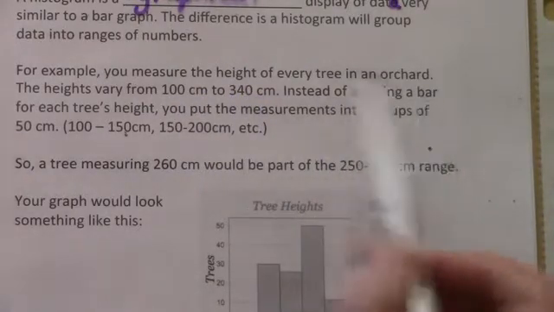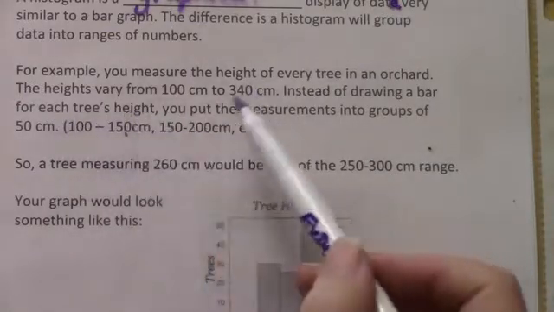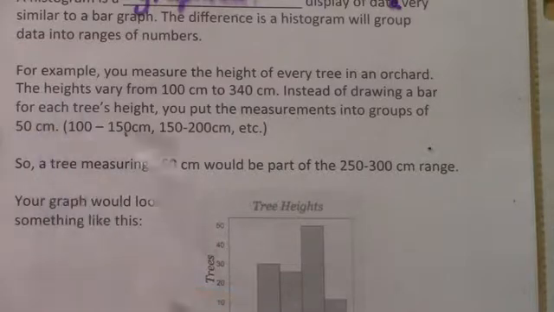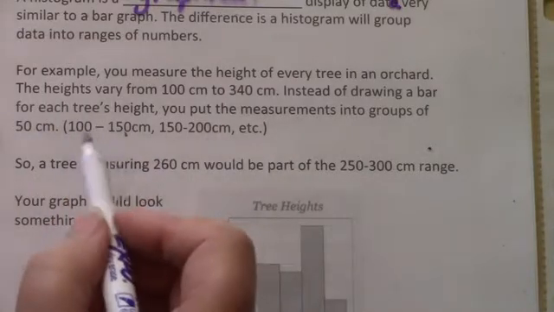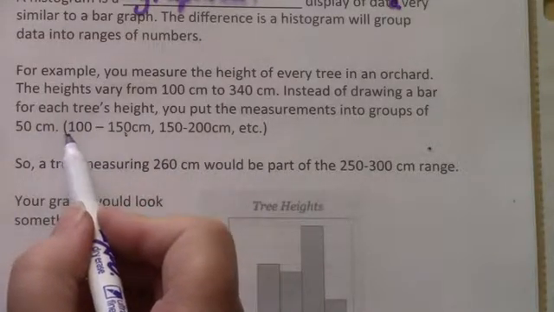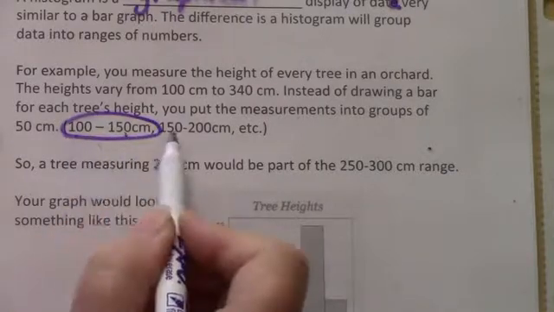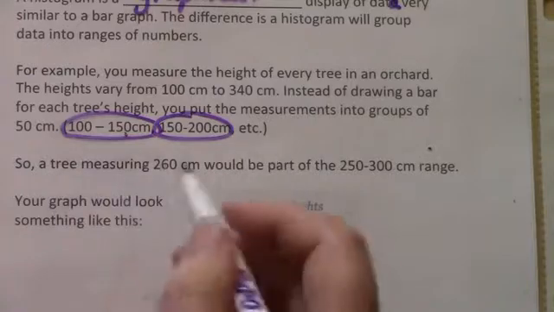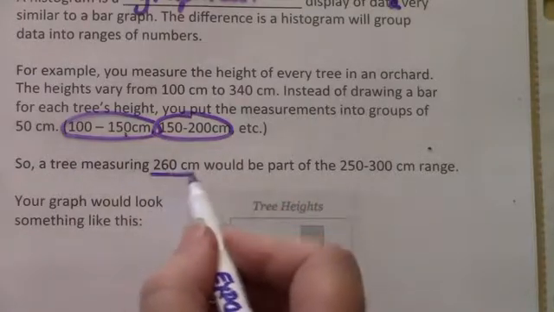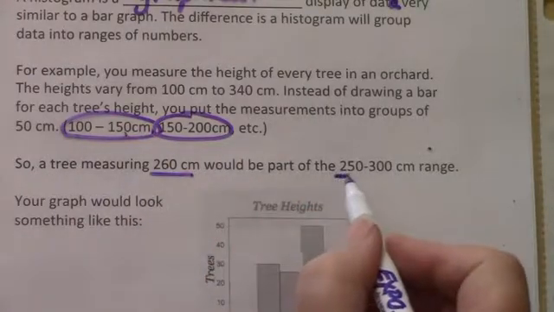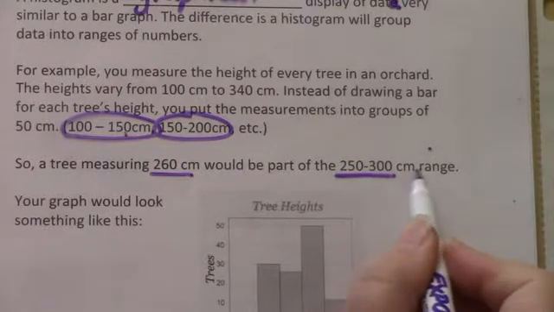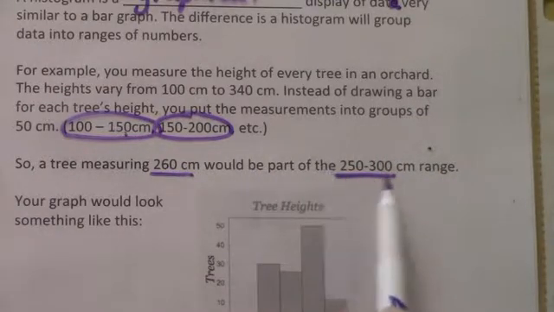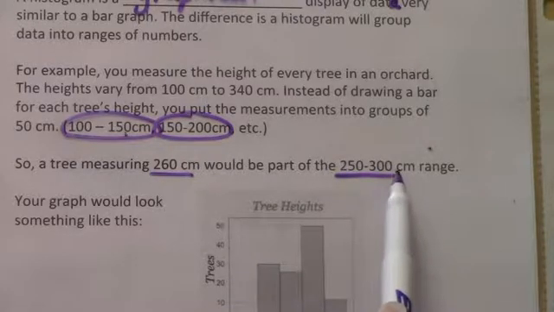Instead of drawing a bar graph for each tree's height, you put the measurements into groups of 50 centimeters. So you would have groups, trees that were from 100 to 150 and 150 to 200, etc. So a tree measuring 260 centimeters would be part of the 250 to 300 centimeter range. Do you see that? Because 260 is in between 250 and 300.